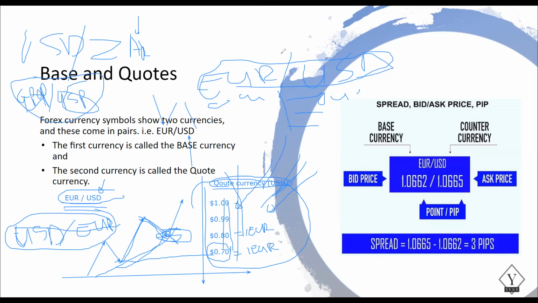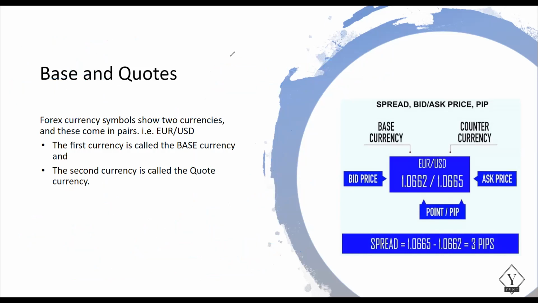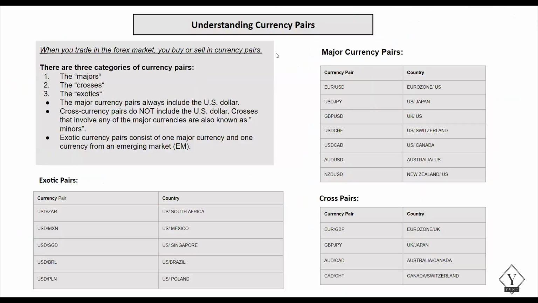Let me just go quickly back and show you here. In this example, the dollar is the code, the Japanese yen is the code, the dollar is the code, the franc is the code, the CAD is the code, the dollar is the code, the pound is the code, the yen is the code, the CAD is the code, the franc is the code, and so on, right?